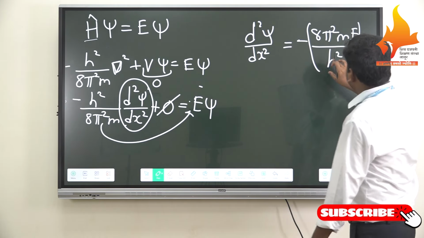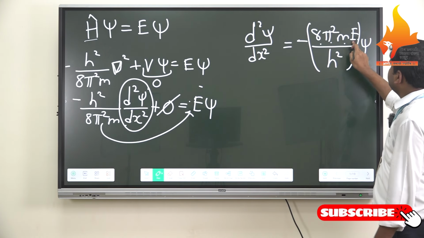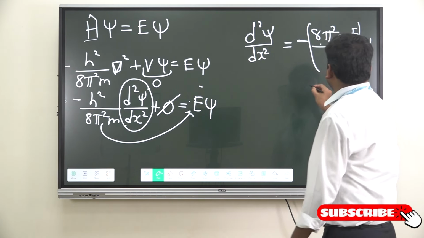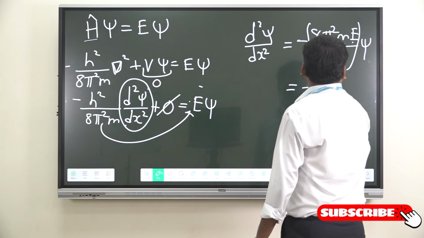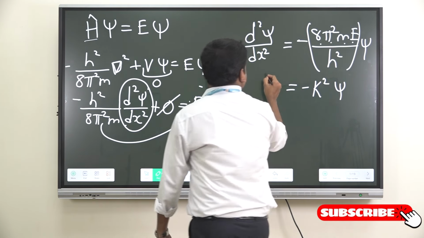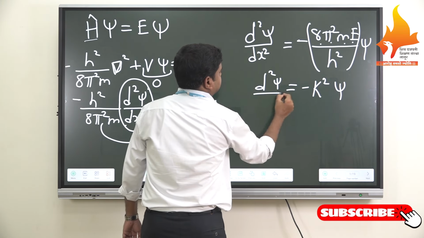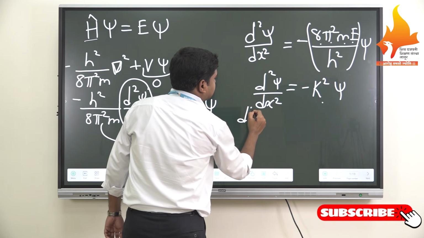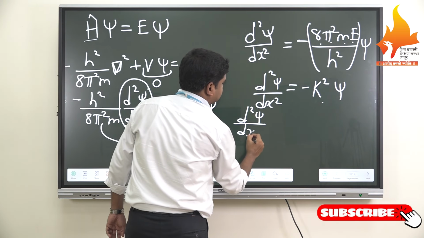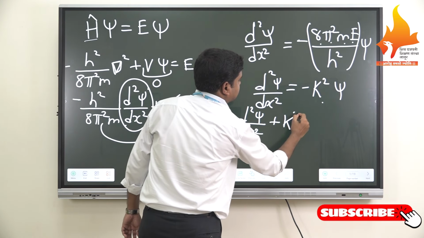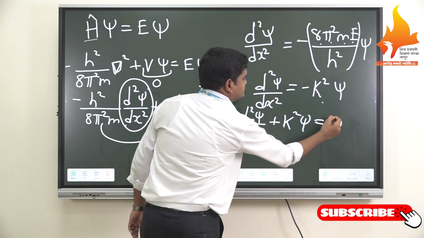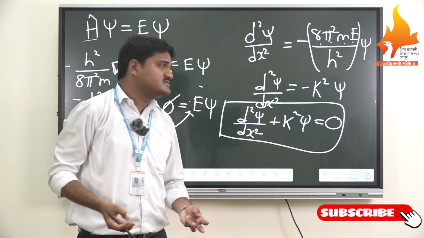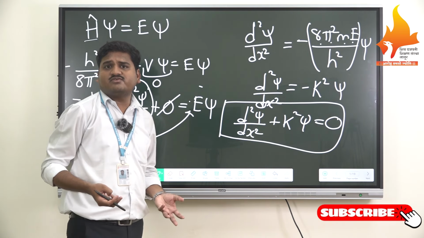Now this whole term, 8 pi square m E divided by h square, we can take as a constant and call it k square. So minus k square into psi is equal to d square psi by dx square. Taking this term to the left side, d square psi by dx square plus k square psi is equal to 0. Now we have the equation for the particle inside the well, so we can solve this equation and find the solution.